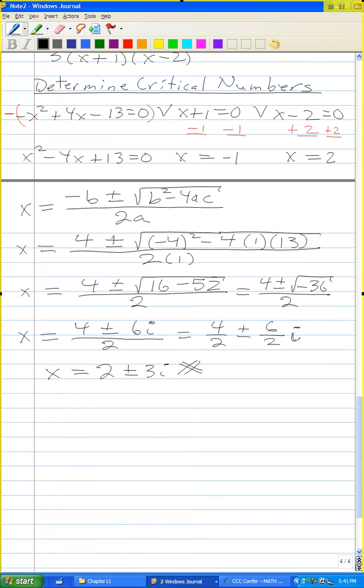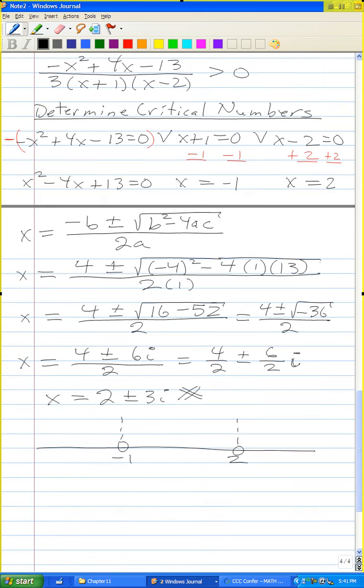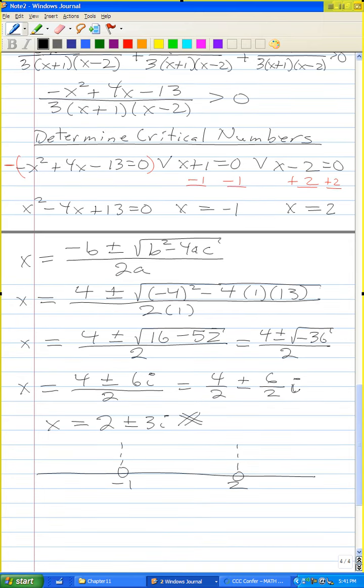So let me put my two real critical numbers on the number line. And so, there it is. Let's take a number between -1 and 2, 0.